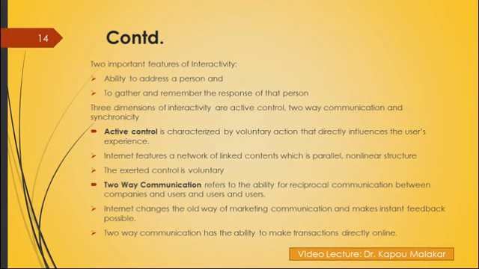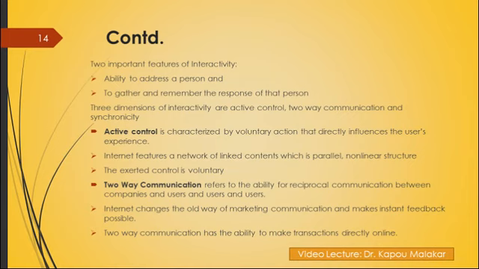And then we see that interactivity has two primary features: the ability to address a person and to gather and remember the response of that person. So interactivity is the extent to which the user can participate in modifying the format and content of a mediated environment in real time.